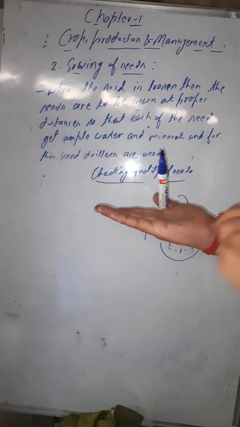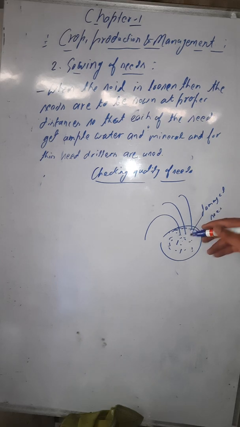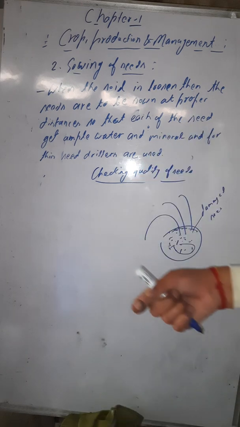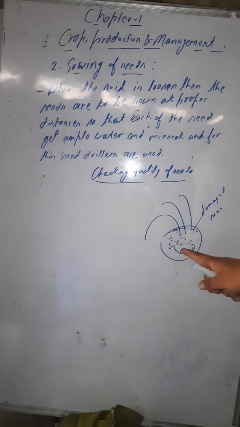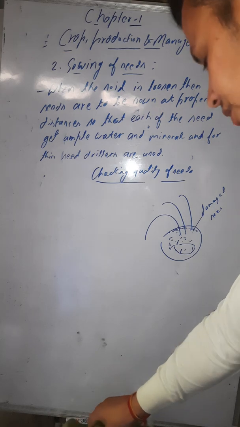These are called the damaged seeds, and we separate them and throw them out. The seeds which have settled downside are good quality seeds, and we use them for sowing. Are you getting now how to check the quality of the seeds? This is the process.